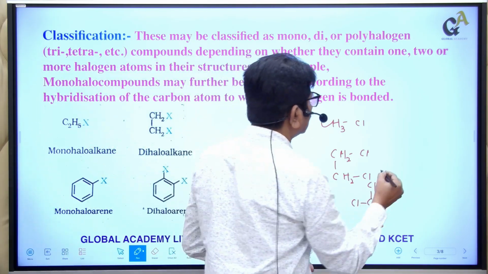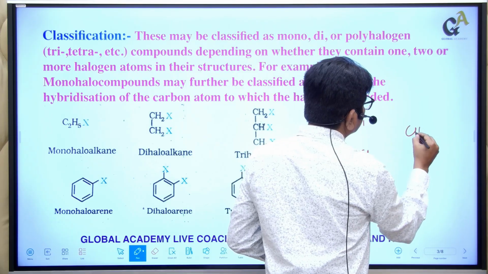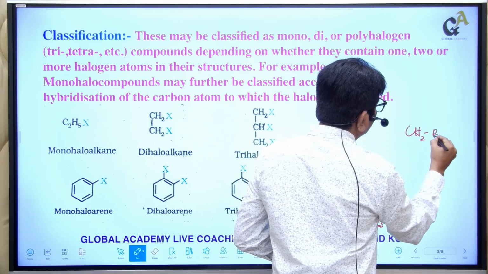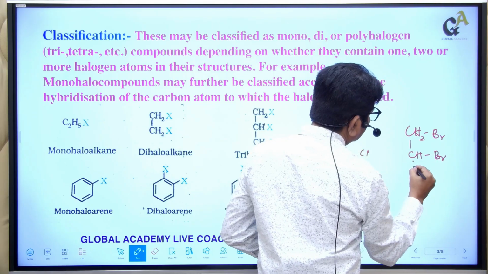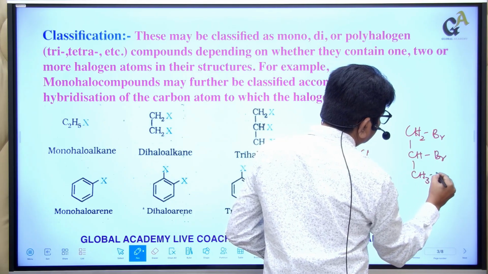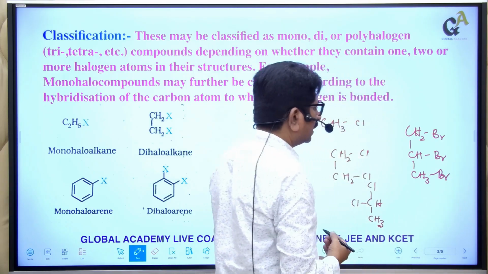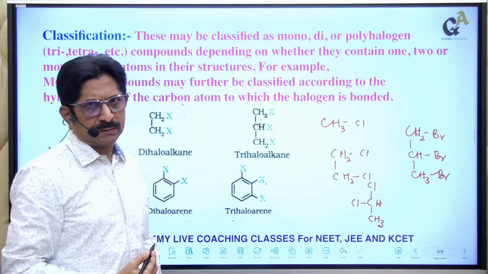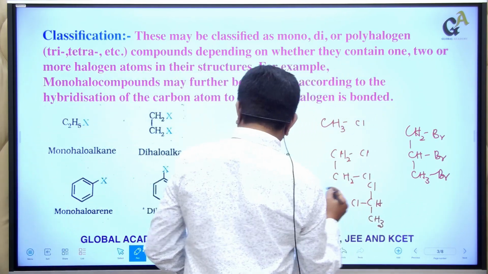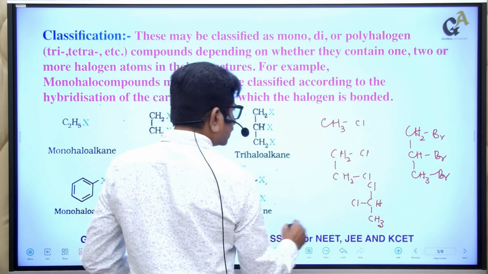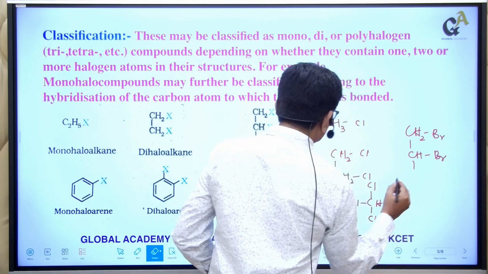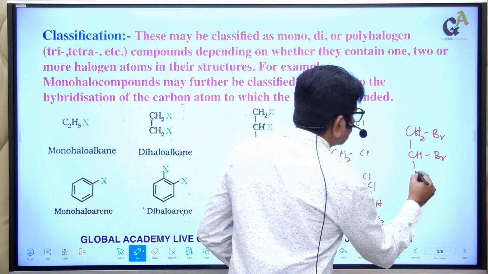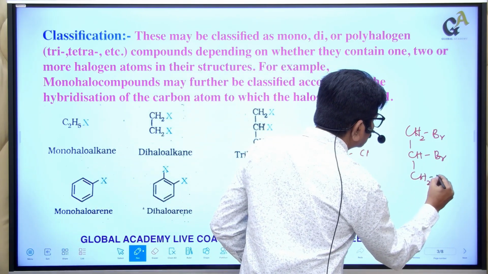Similarly, if there are three halogens, we can write like this: CH2Br, CHBr, and CH2Br. So it is a tribromopropane.